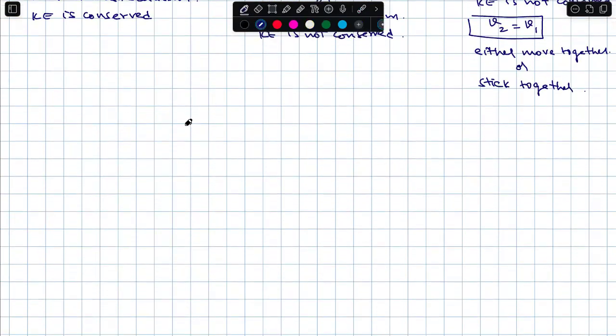Final equations. Now, one thing is very clear. I have one relation: m1 v1 plus m2 v2 is equal to m1 plus m2 times v common, which is m1 u1 plus m2 u2.